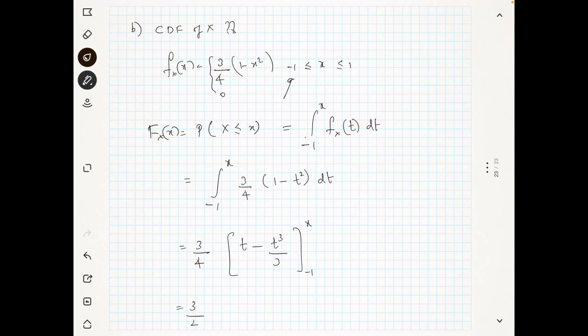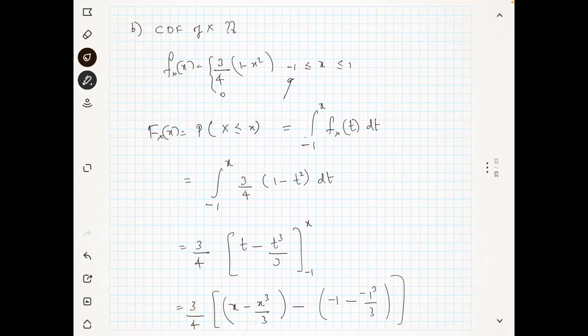So this becomes 3/4 into, you will get the first part as x minus x cube by 3, minus, what is it next, the x minus x cube by 3, then you will put -1, so -1 minus -1 cube by 3, okay.